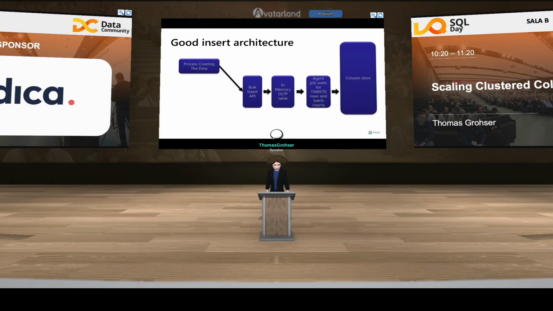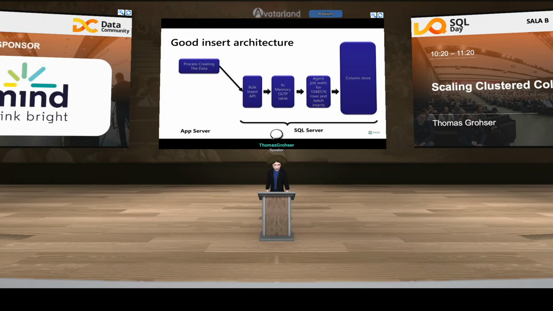This agent job was running every couple of seconds, checking the in-memory table. That is a very quick check: do we have more than that many rows? Take the top and put it into column store. This part was inside SQL Server, and this part was in the application server. The nice thing is that over time, we could add more and more application servers, just randomly pushing data into the in-memory table.